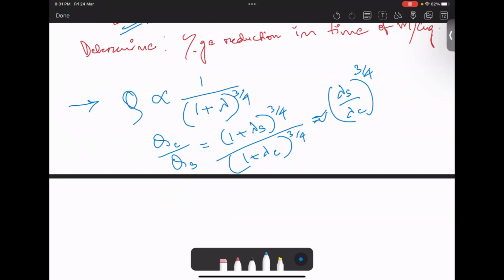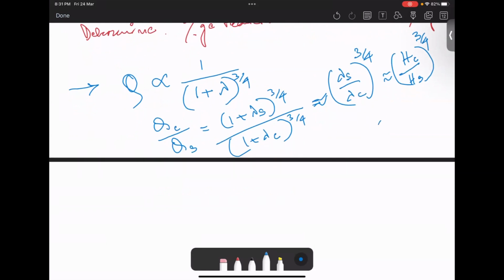Now your lambda is again directly proportional to your hardness, isn't it? So for that case, you can still say that (lambda S by lambda C) to the power 3/4 is again proportional to (hardness of copper by hardness of steel) to the power 3/4. Okay.